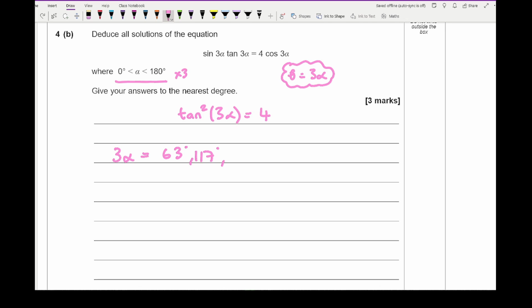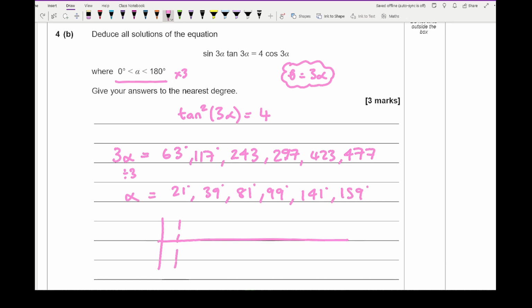So here, using the graph or using CAST, whichever you prefer, you're going to get your angles as being these, 423 and 477, and then all we need to do is divide all of those angles by 3, giving our final answers of 21 degrees, 39 degrees, 81 degrees, 99 degrees, 141 degrees and 159 degrees. And again, using CAST or using the graph, but remember that because we've got 3 alpha, we need to multiply the wanted range by 3.